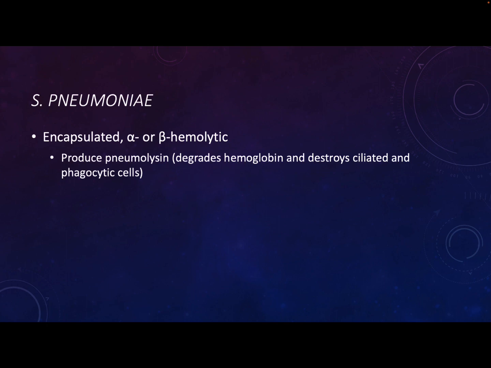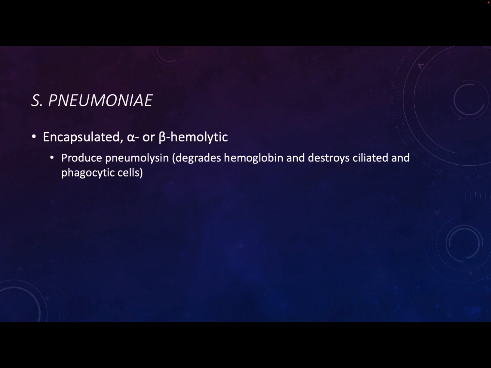It can be variable, depends on the strain, whether or not it's alpha or beta hemolytic. So you may see that complete lysis of the red blood cells, or you might see the incomplete lysis, which hopefully you remember from bacteriology or microbiology. It's kind of a greenish halo around the colony.